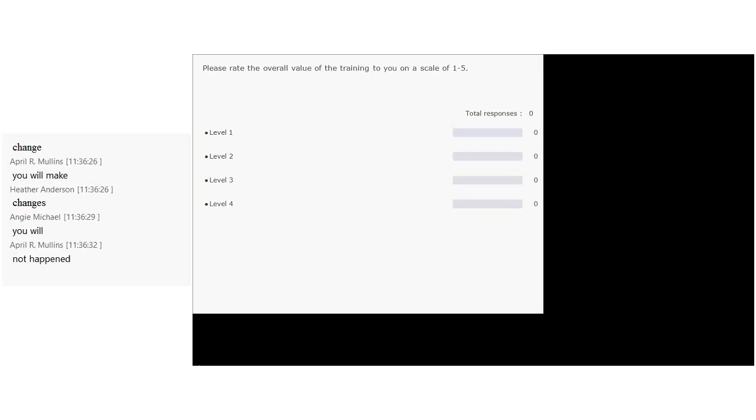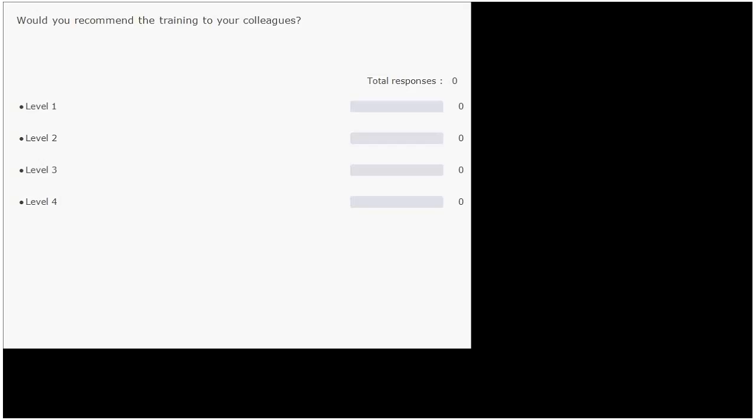Please rate the overall value of the training. That's not worded very well. You get it. Okay. On a scale of 1 to 5. Again, participant reaction, right on. We're starting to totally understand those, that's for sure. Would you recommend the training to your colleagues?